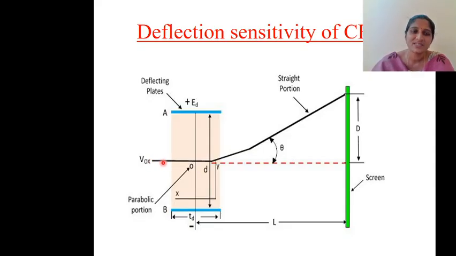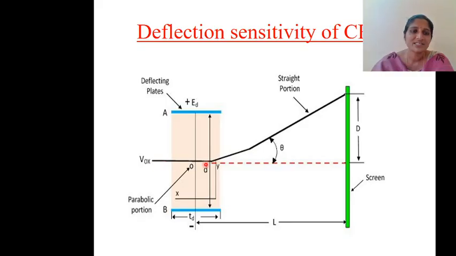Now it is fed to the deflecting plates. Now it travels in this direction, and next it moves in a parabolic path, and next it becomes a straight path. And next here the electron beam gets deflected. Here you are able to see the light signal on the CRO screen.